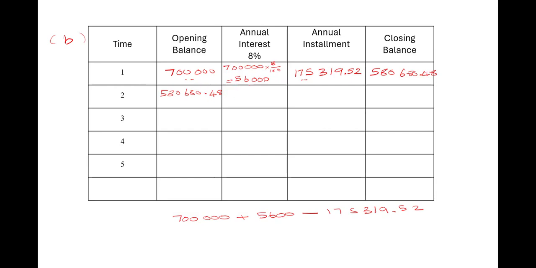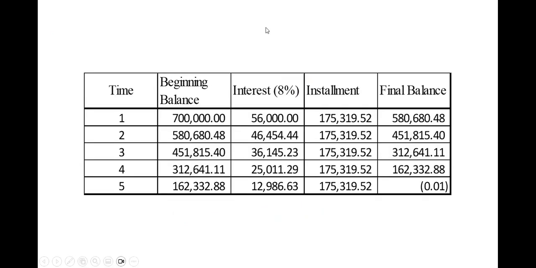Now again, you can repeat. With the interest rate of 8%, we get 8% of the opening balance. 580,680.48 multiplied by 0.08. Right. Likewise, you can fill this table. Opening balance is the same, right?